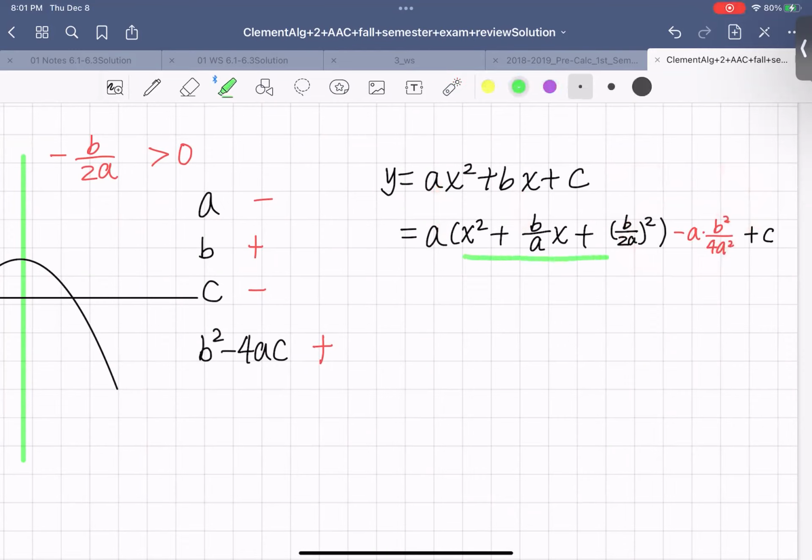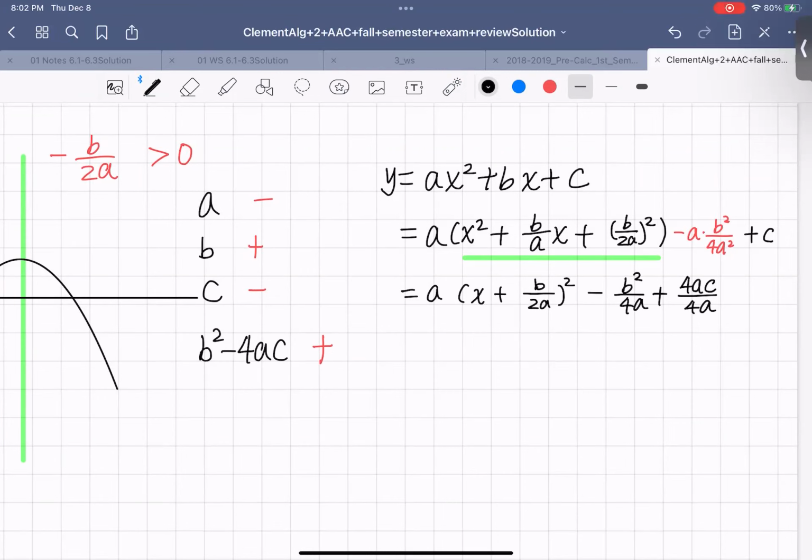So this guy equals minus b squared over 4a plus 4ac over 4a.